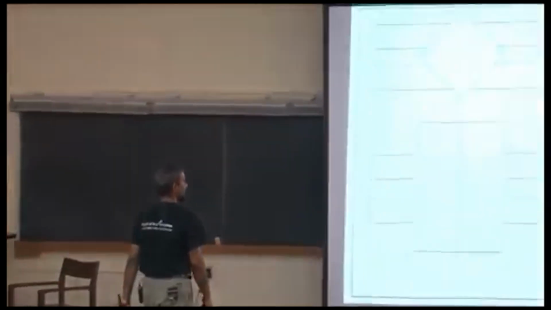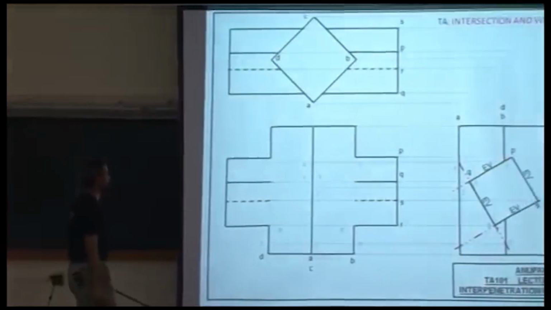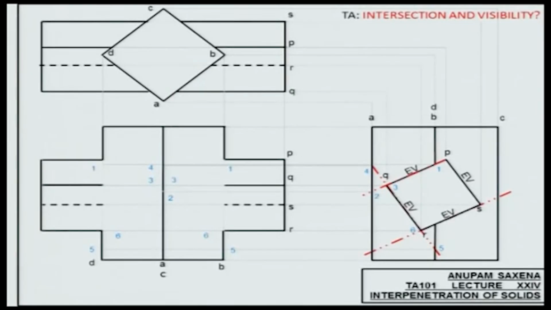Extend this one. Once again, we'll get 2 pseudo intersection points. Number 7, number 8. 7 lies on A. 8 lies on edge C of the vertical prism. Project 7. 7 lies on A. 8 lies on C, the back side.